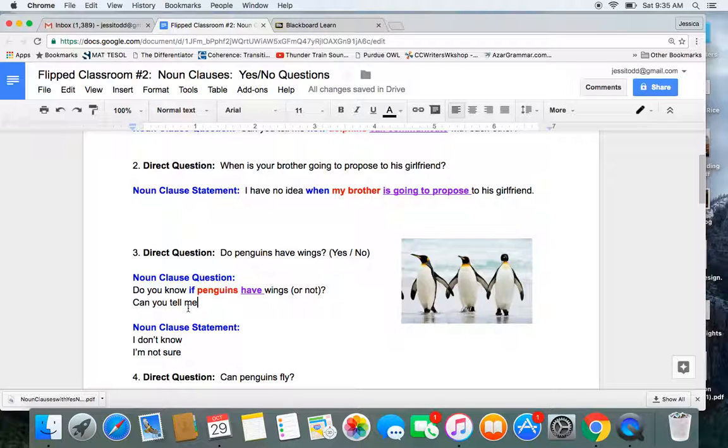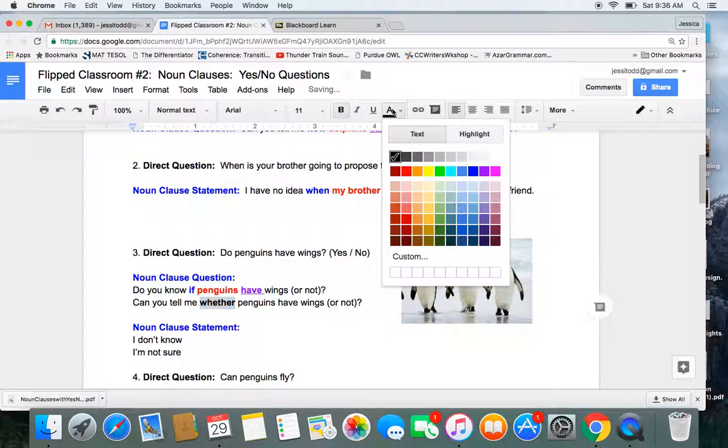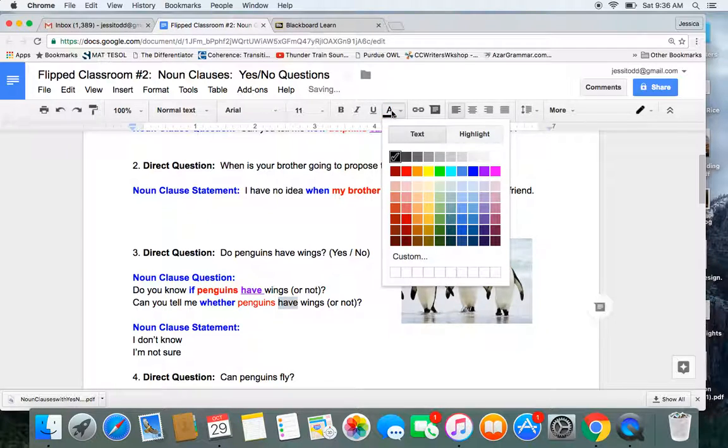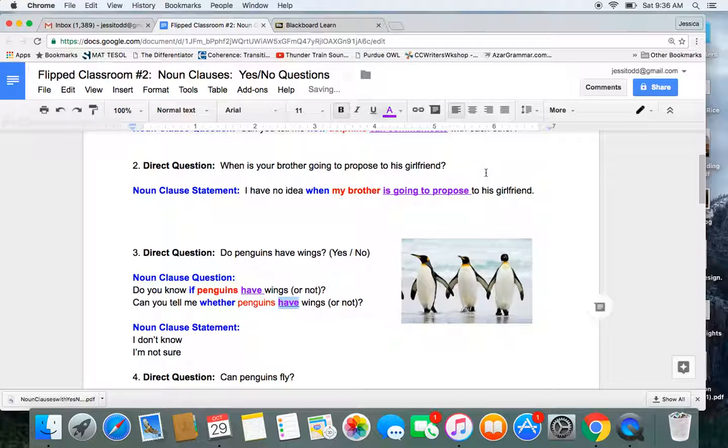Okay. We could also say, can you tell me whether penguins have wings? Again, we could say or not. Okay. So here, the word that starts the noun clause is whether. Penguins, again, is the subject, and have is the verb.